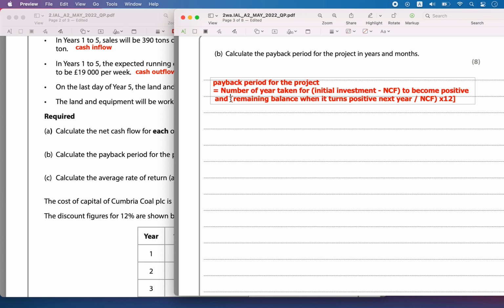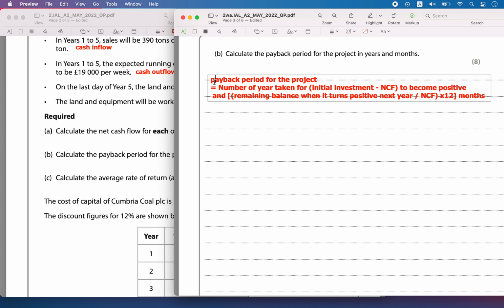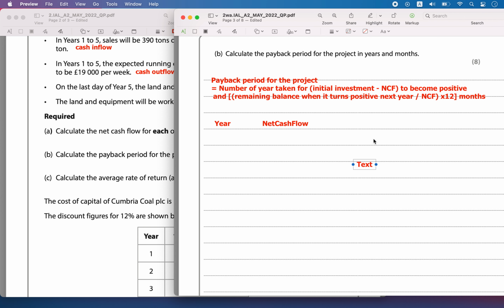First, let's write here the years: year 1, year 2. We know that in each year there is a net cash flow, which we calculated in the earlier part. So next you write the net cash flow for each year, and then with the initial investment you write the balance left over after subtracting.